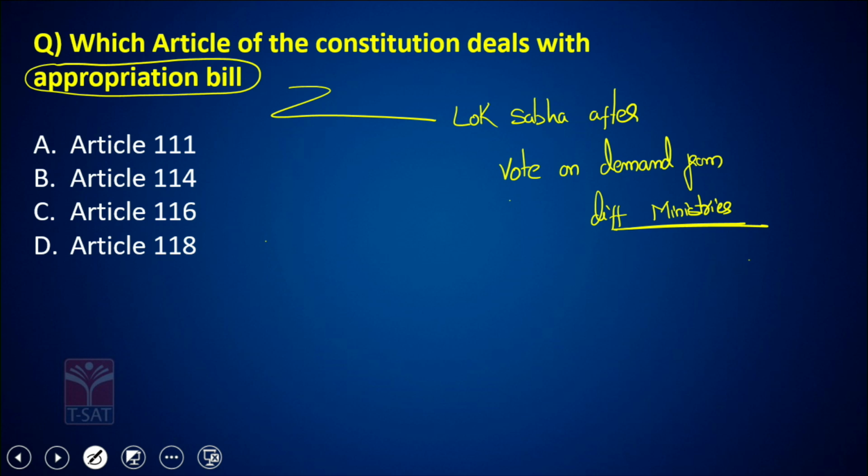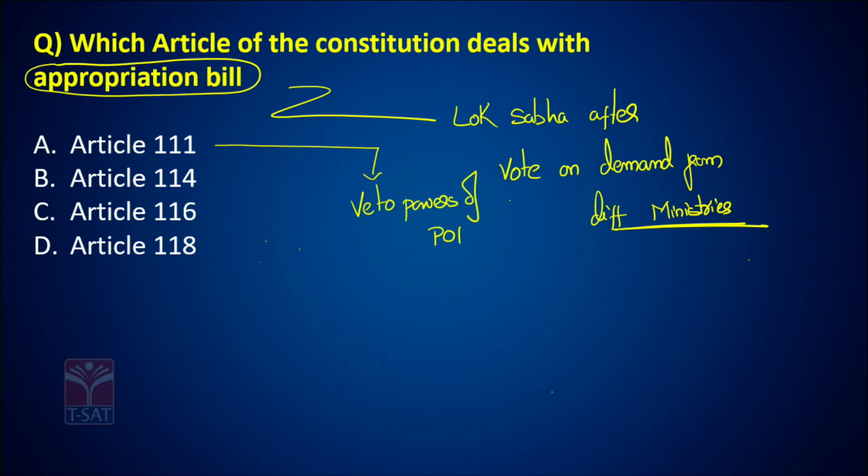Article 111 of the Constitution deals with the veto powers of the President of India. You all know what Article 116 is, right? Vote on account.